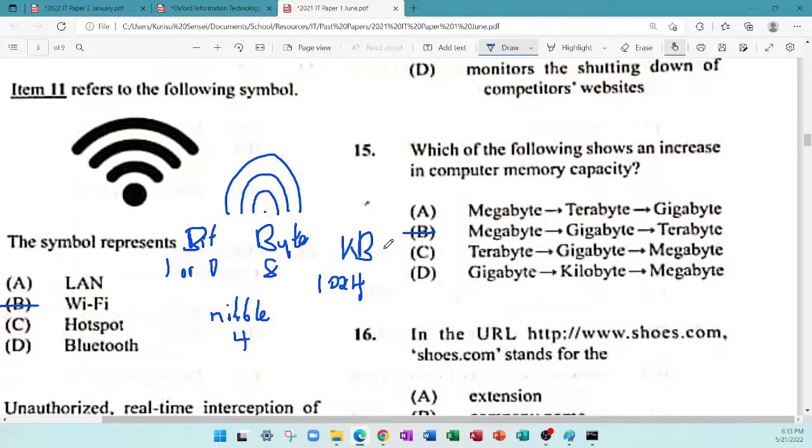Remember, lowercase b is bit, capital B is bytes. 1024 bytes is a kilobyte, and basically keep going up. 1024 kilobytes is a megabyte. 1024 megabytes is a gigabyte. 1024 gigabytes is a terabyte. 1024 terabytes is an exabyte. Then a petabyte. Then a zettabyte, and whatever else comes after that. Sir, it's okay. You don't have to tell us all.